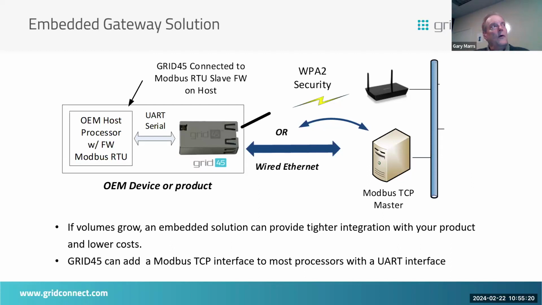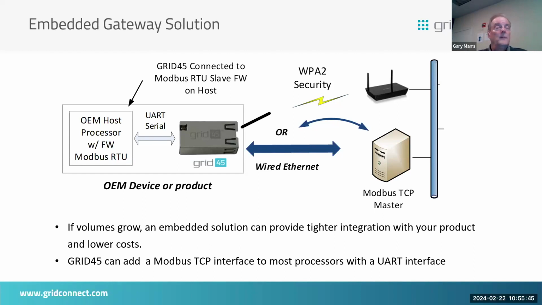But the disadvantage is that if you're scaling to any kind of volume, the gateways can be kind of expensive. The other thing about a gateway is they do require a separate power supply and some configuration that's in addition to the configuration maybe your product needs.